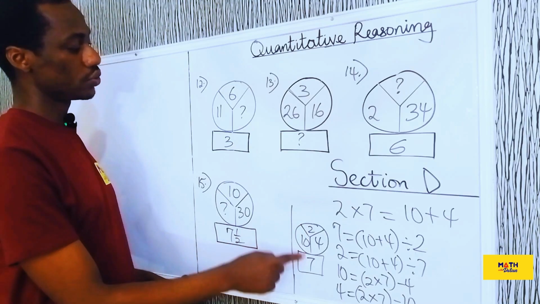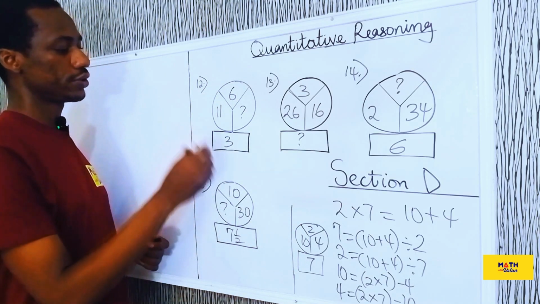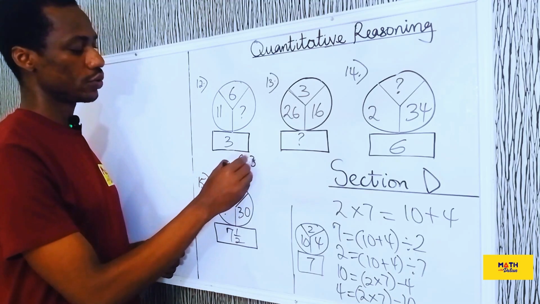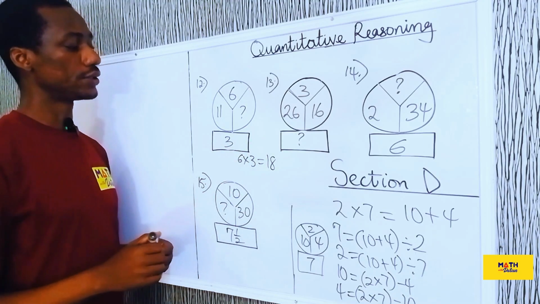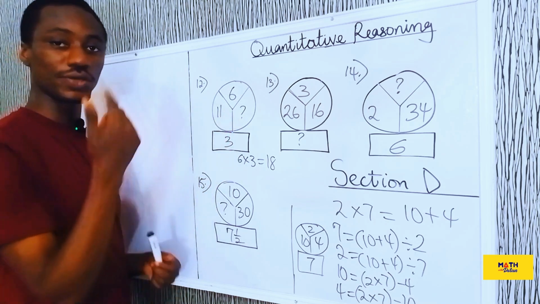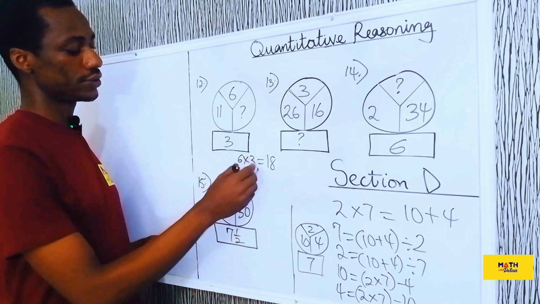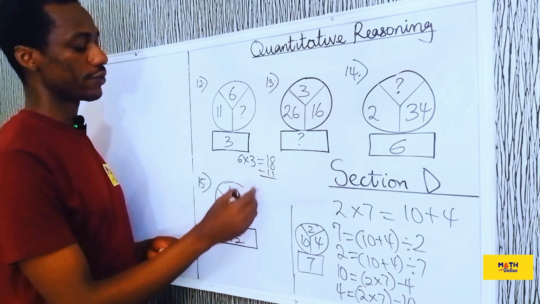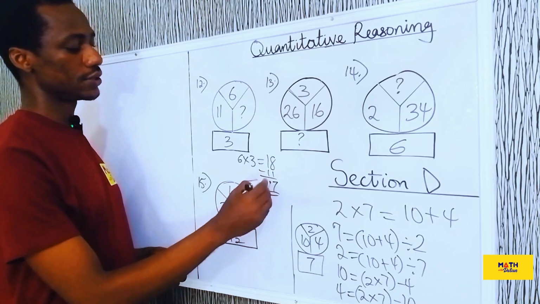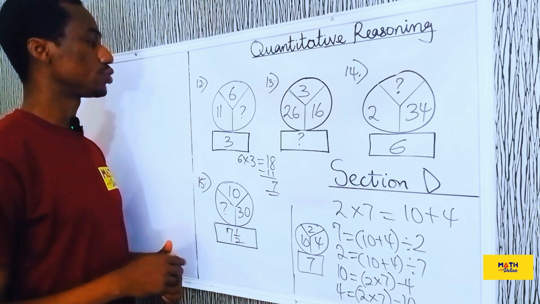So here we do 6 times 3, which is 18. And since we know that 11 plus this will also give us 18, what do you add to 11 to give you 18? You subtract 11 from 18, and that is 7. So the answer to number 12 is 7.